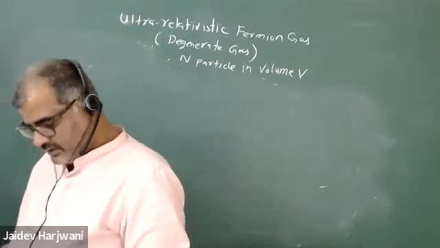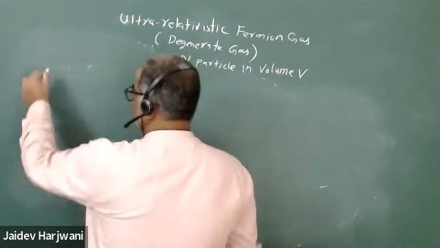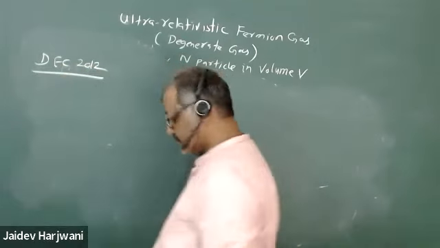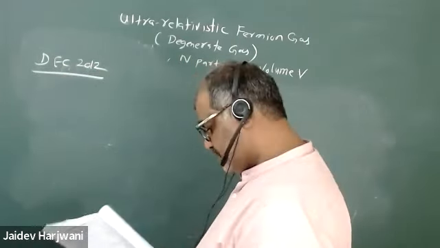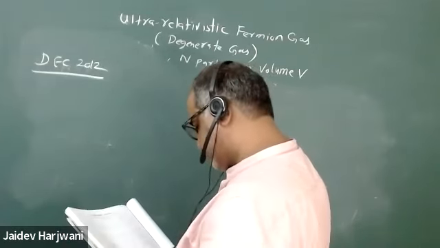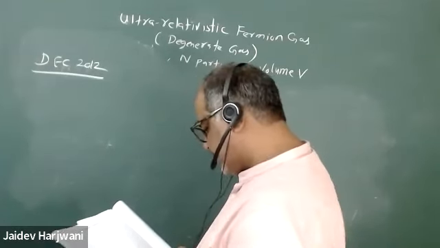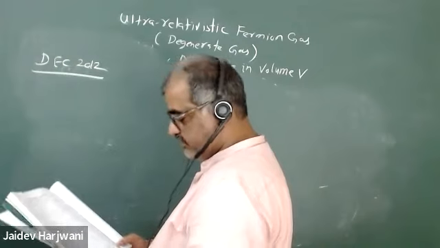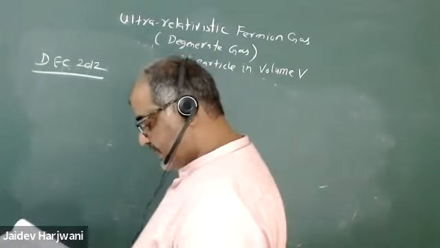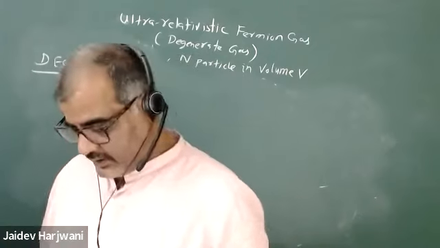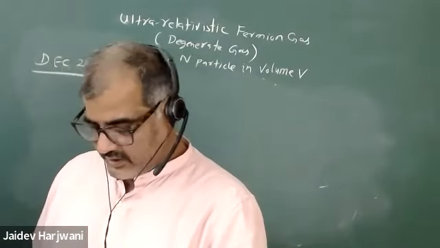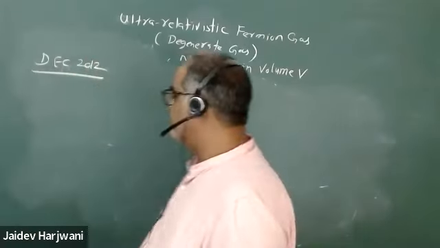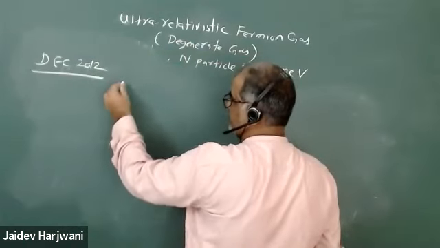So now this question came in December 2012. They are asking: given the radius of the Fermi sphere of free electrons in a monovalent metal with an FCC structure, in which the volume of the unit cell is a cube, find out the radius of the Fermi surface.